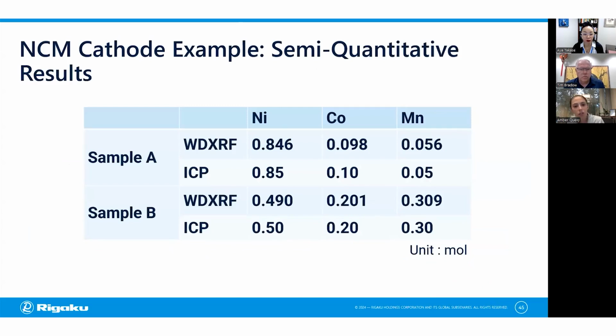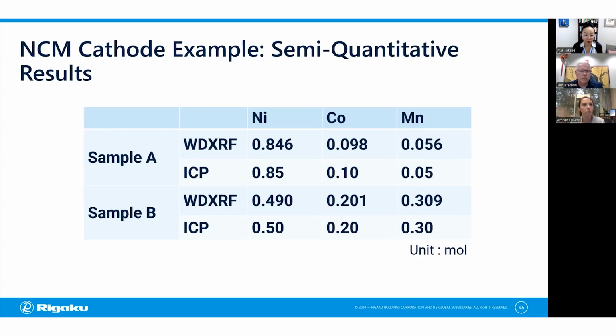So from those results, the first thing we'll talk about is the semi-quantitative results. So we'll collect spectra. We'll talk about the spectra in a minute, but the results on their own, we had a good comparison of two samples between WD-XRF and ICP for these NCM powders. So again, this is semi-quantitative, meaning we did not do any additional calibration. This was factory installed calibration, instrument out of the box, no additional work.